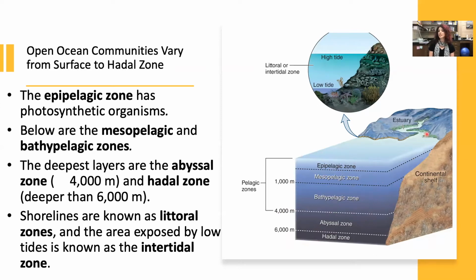Shorelines are known as littoral zones, and the area exposed by the tides is known as the intertidal zone. In an intertidal zone, you experience tidal fluctuations where you can have either a low tide or a high tide. And an estuary is where fresh water meets salt water. We'll talk about that in the next slides.